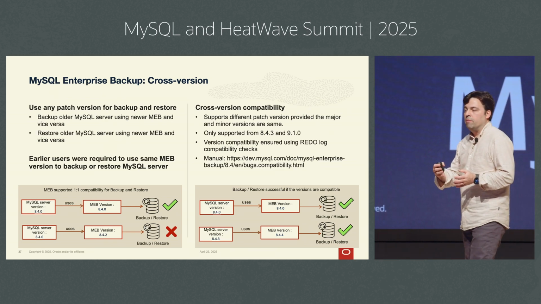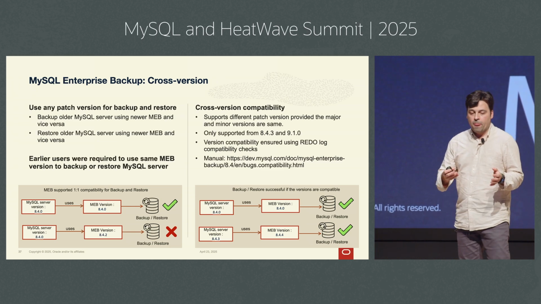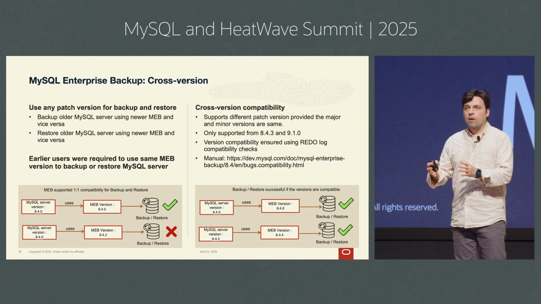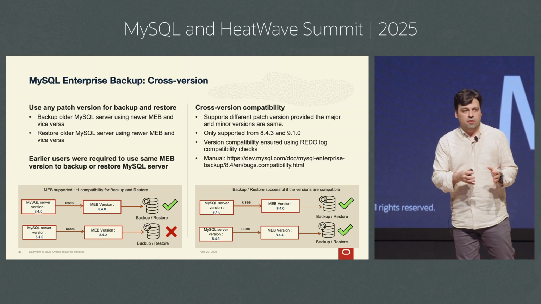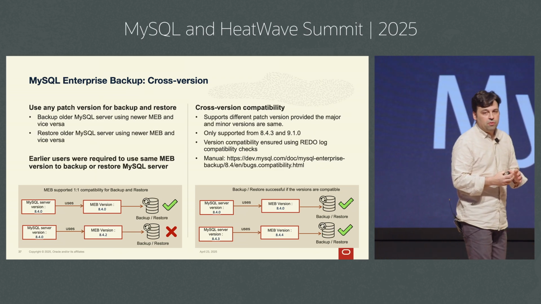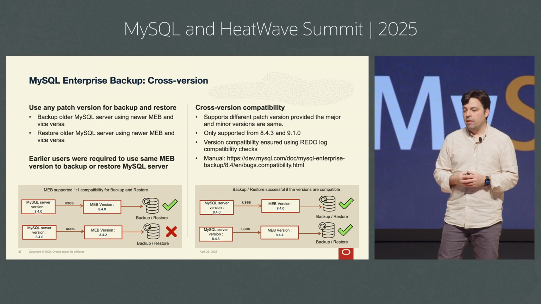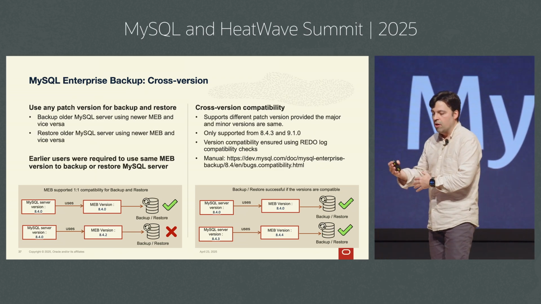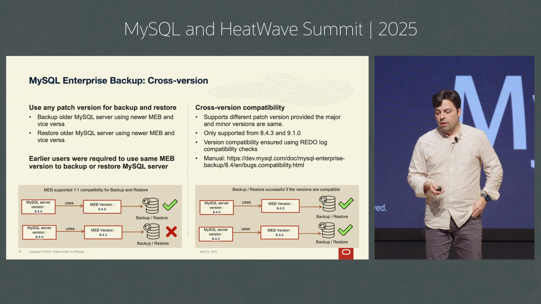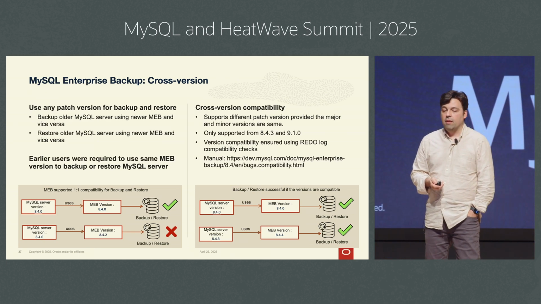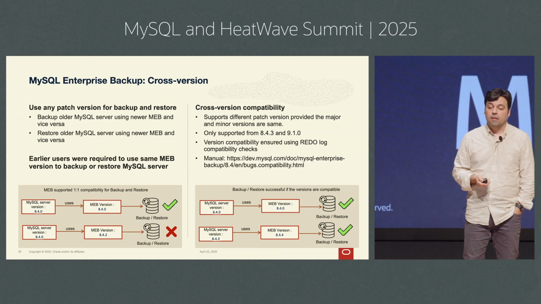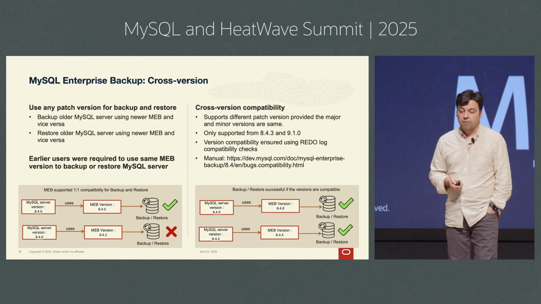Meaning a more recent MySQL Enterprise Backup can restore an older version, and the opposite, I think, is also true. But it has to be an MEB version more recent than 8.4.3.